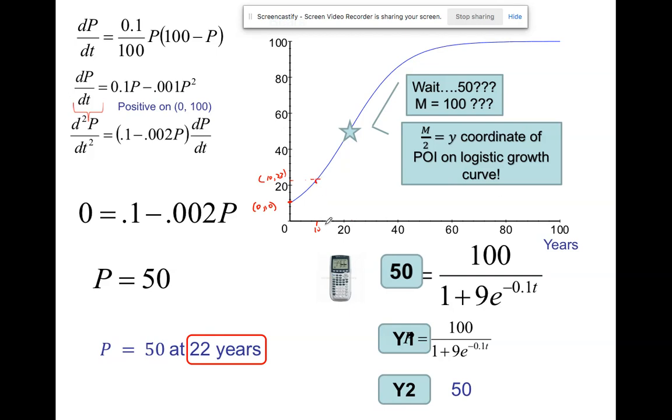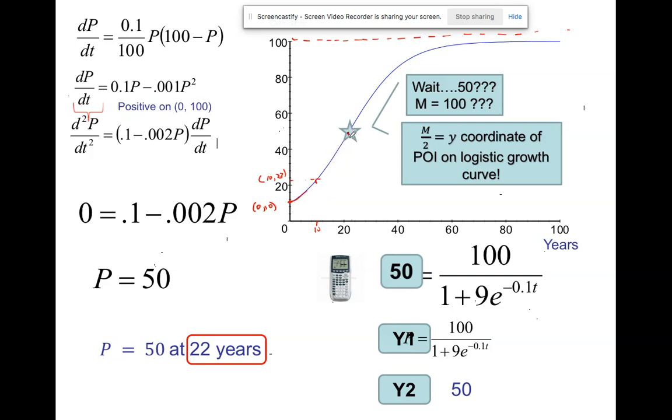Based on that information, and knowing that we had a logistic curve, we were able to make this prediction of how many bears given a carrying capacity of 100. And further, we know that after about 22 years, the population is going to grow pretty quickly.